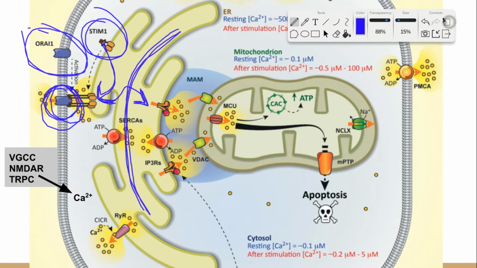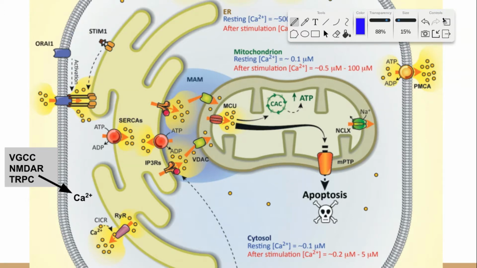Let's also note these PMCA and NCX channels. I don't have NCX channels on here, but PMCA over here. PMCA is a P-type ATPase transporter, which is of the same class as a sodium-potassium pump, but instead PMCA simply uses ATP to efflux calcium.